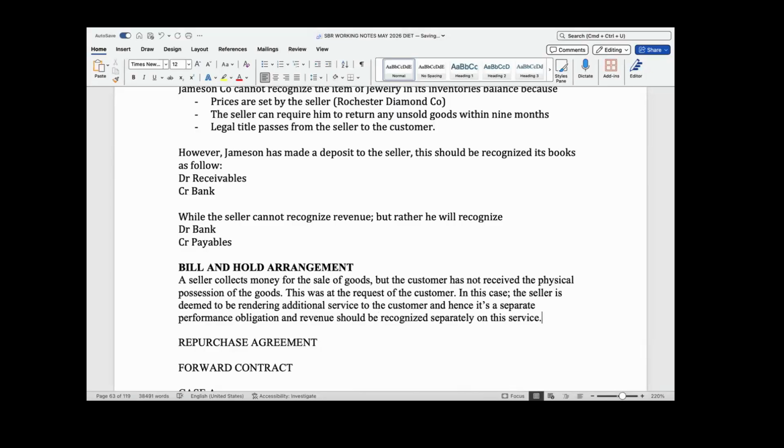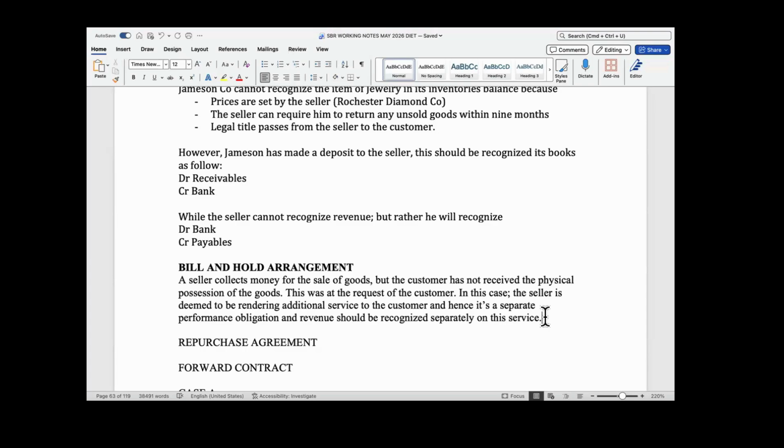So it's not like the seller says don't come and pick it. It's the buyer that did not come and pick the commodity. And in such situations, the seller needs to recognize revenue on that additional service, even if he is not collecting money from the customer.